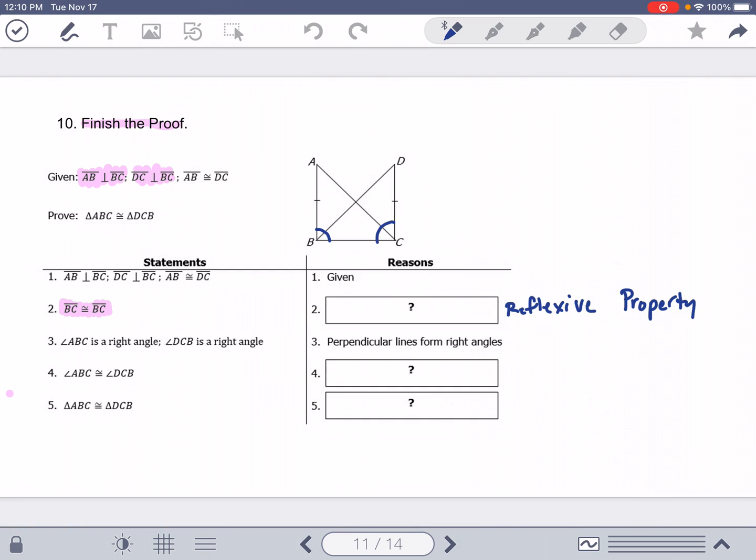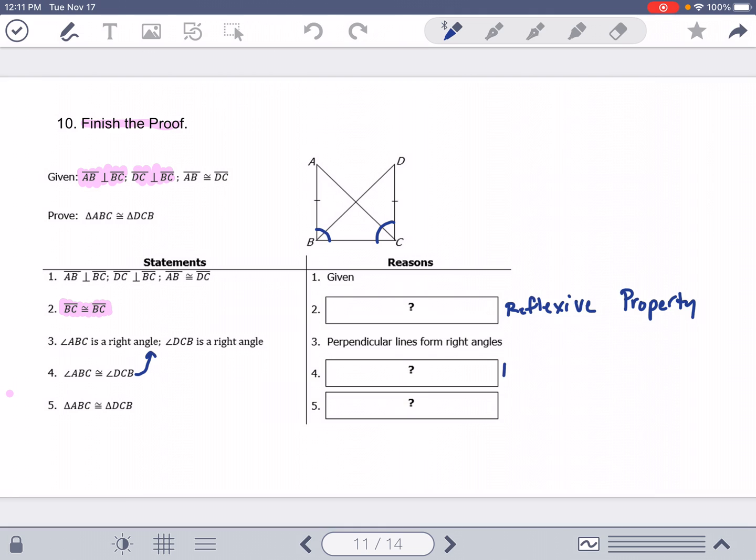How do I know that those two are congruent? Well, I was just told in step 3 that both of those angles are right angles.